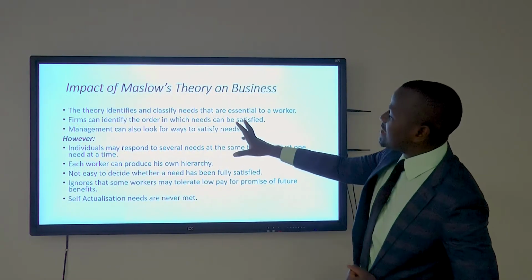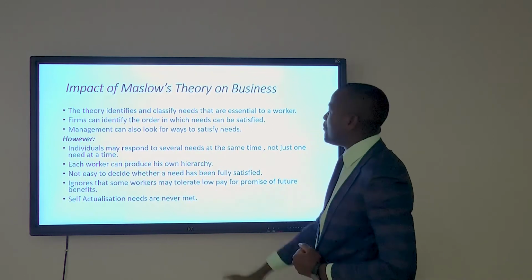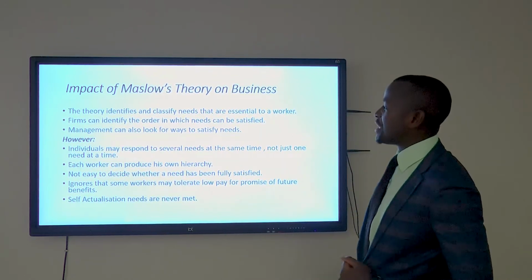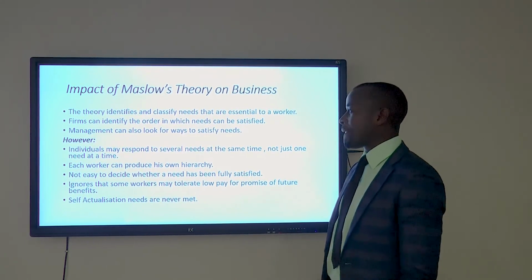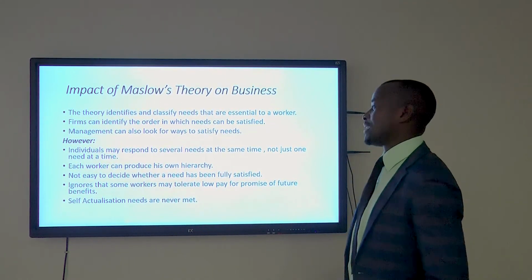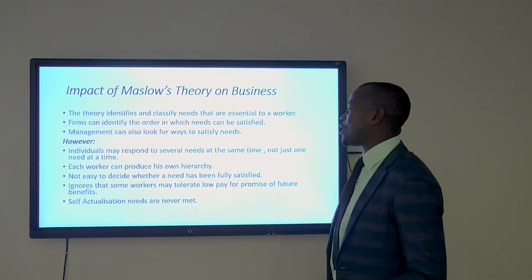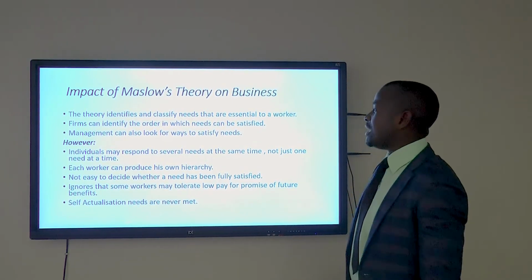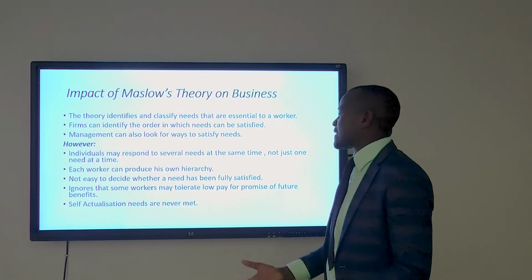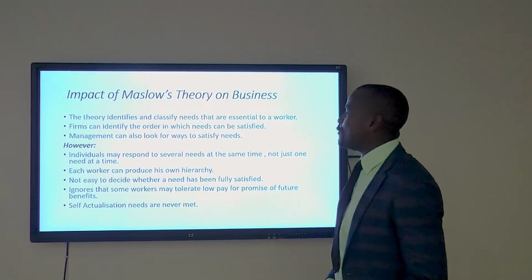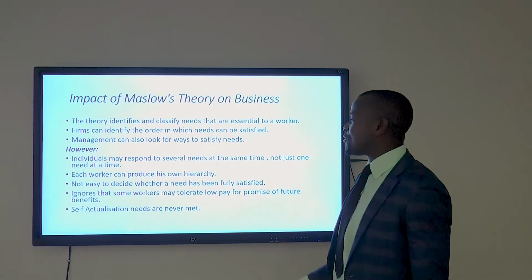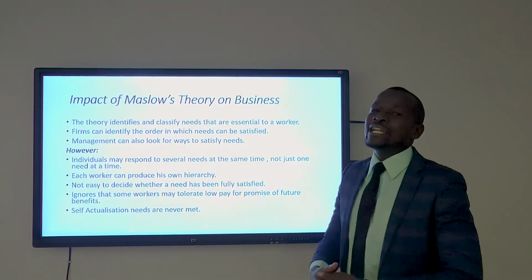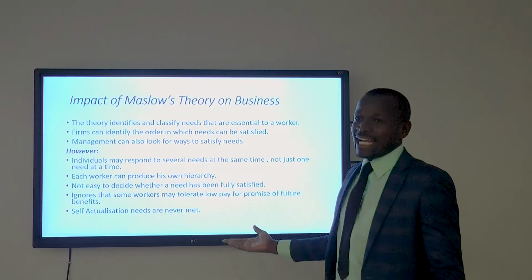Okay, despite the positive contribution of Maslow's theory on business, we also need to look at the other side of the coin. For instance, his theory failed to acknowledge the fact that individuals may respond to several needs at the same time, not just one need at a time. Also, each worker can produce his or her own hierarchy.